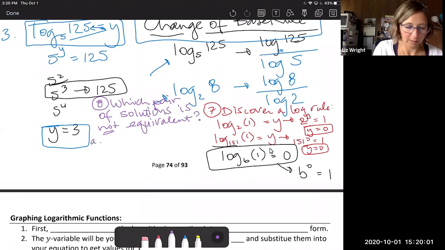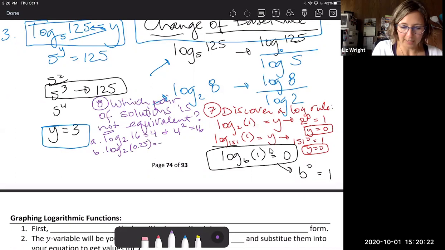A. We've got log base 2 of 16 equals 4, and 4 squared equals 16. Letter B. Is it log base 2 of 0.25 equals -2, and 2 to the negative second power equals 0.25?